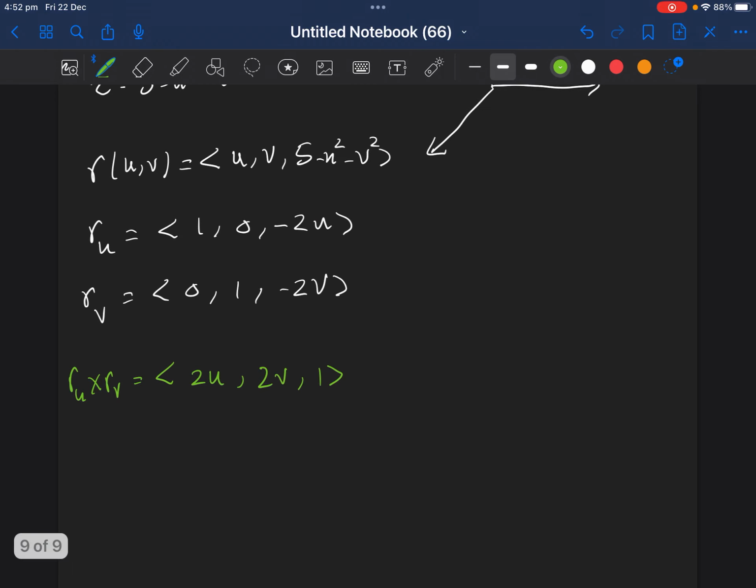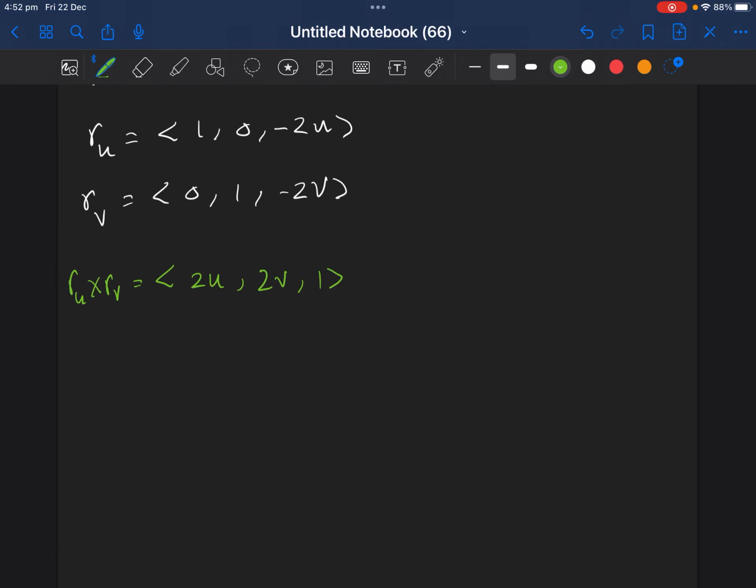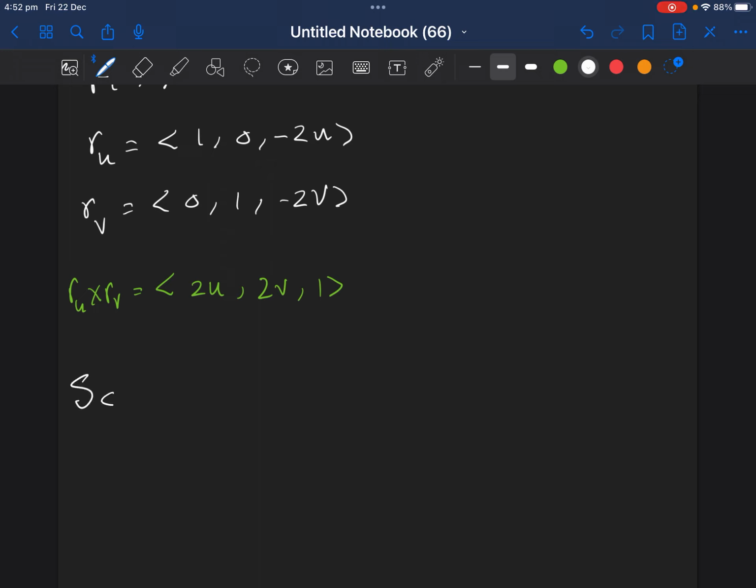And of course, the last step, we need to find the curl times this one. So the double integral of curl of f dot ru cross rv dA. This would be just a double integral.